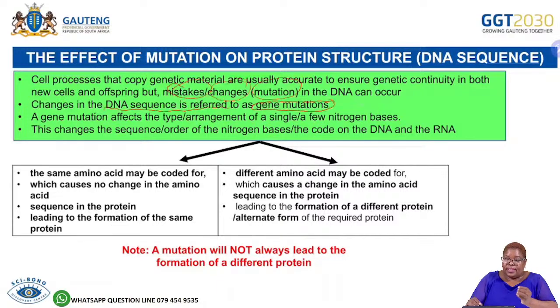When it occurs, what is going to happen? A gene mutation affects the arrangement of single or a few nitrogenous bases. I'm just going to go back to remind you about nitrogenous bases. Think of adenine pairing with thymine, cytosine pairing with guanine.